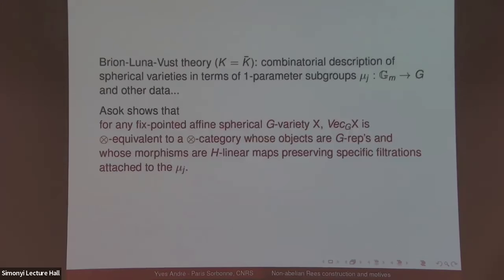Now, spherical varieties are very well studied because there is a combinatorial theory by Brion, Luna, and Vust, which gives a purely combinatorial description of those varieties in terms of certain one-parameter subgroups and some other data called colors. It is a generalization of the combinatorial description of toric varieties, a little bit more complicated, but exactly in the same spirit.